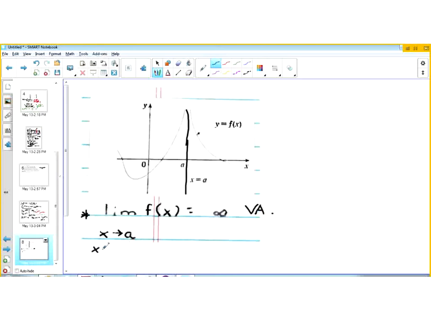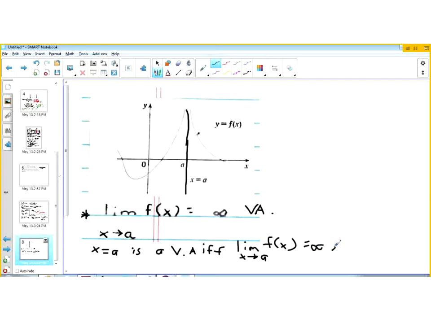In fact, that is the definition of a vertical asymptote. x equals a is a vertical asymptote if and only if, which I write as IFF, the limit as x approaches a of f of x is equal to infinity.